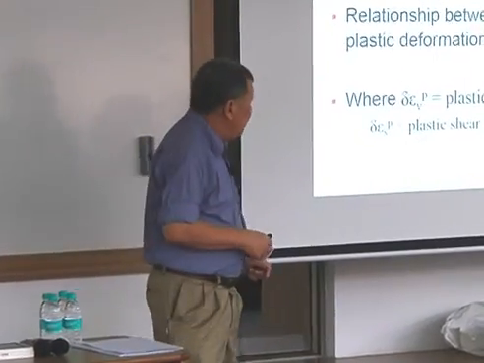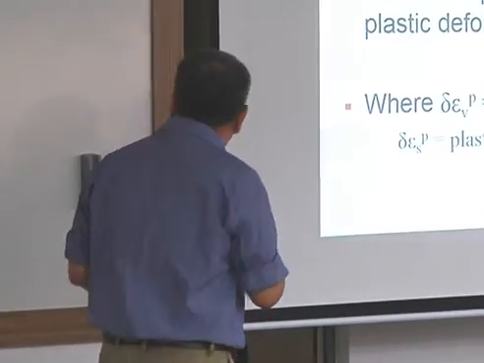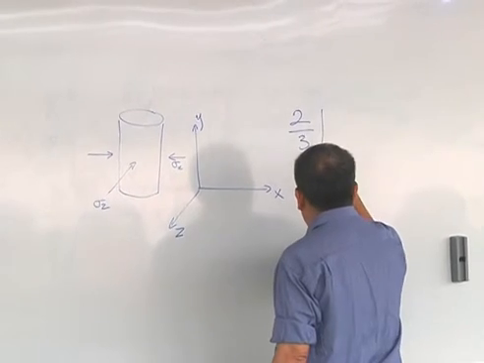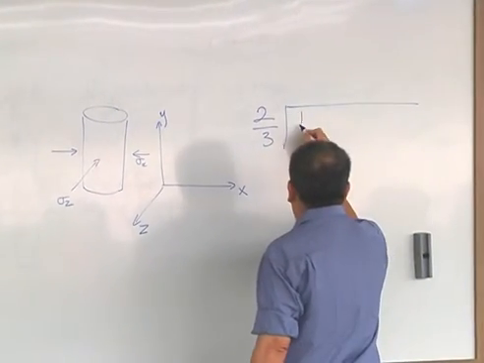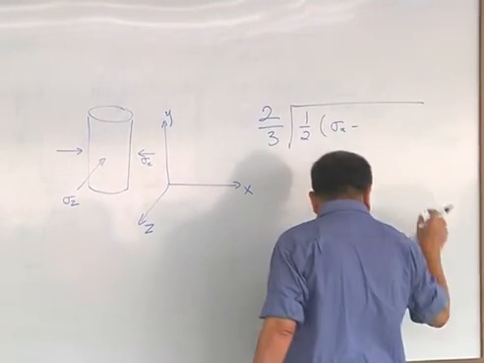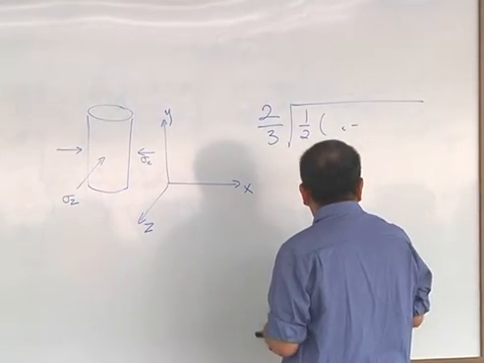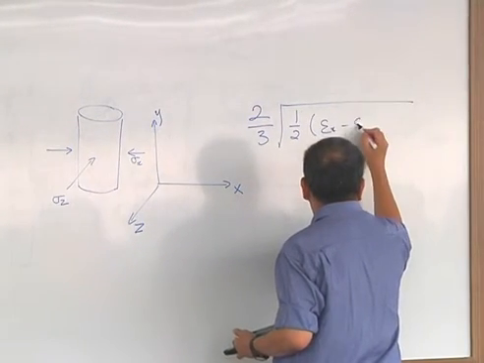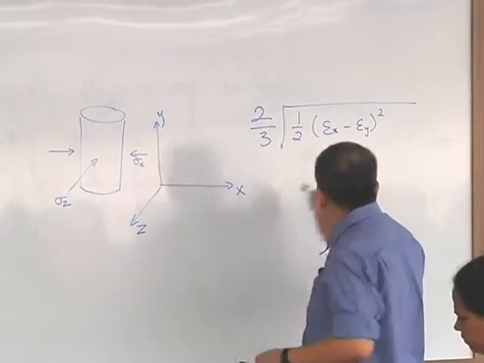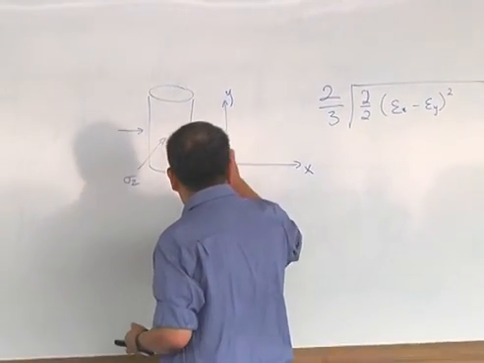So this added together is exactly equal to 2/3 square root of half of epsilon x minus epsilon y, not sigma x. There's a 2 here as well because you added up twice.